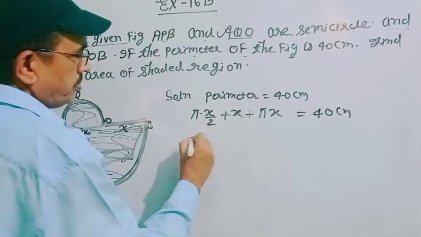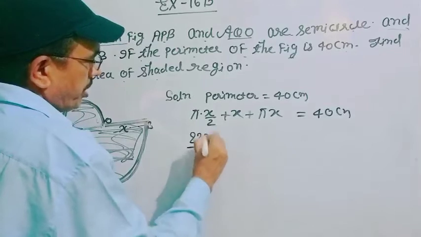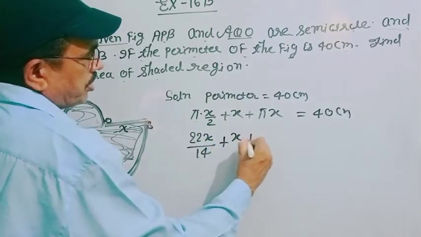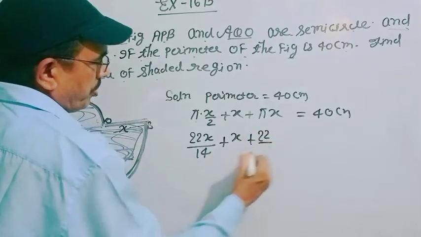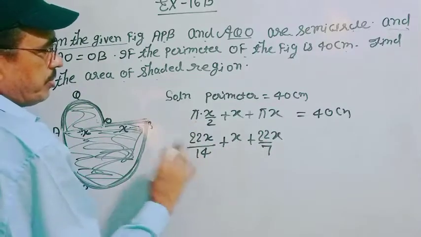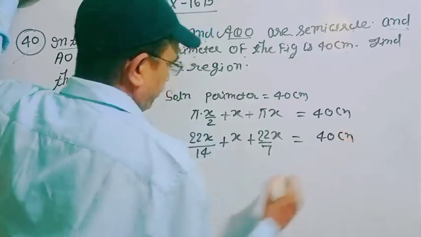Now 22x by 14, because it is 22 by 7, plus x plus 22 by 7 x, multiplied to make 14, and it is equal to 40 cm.